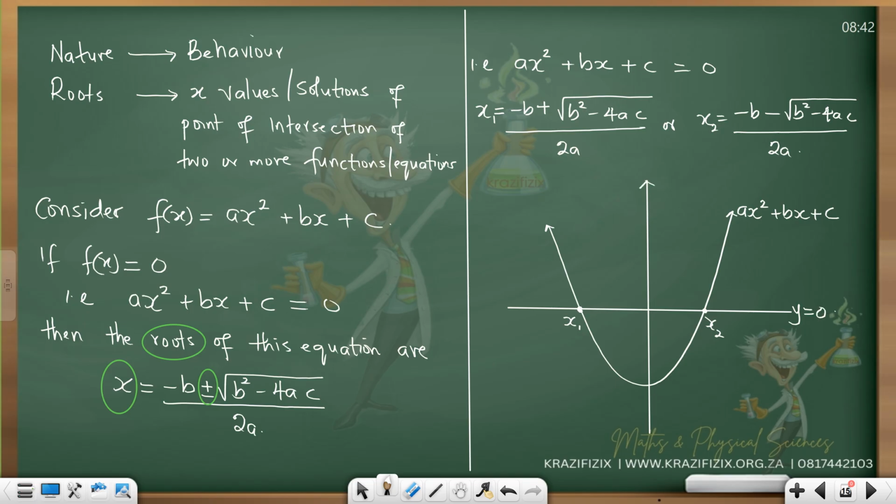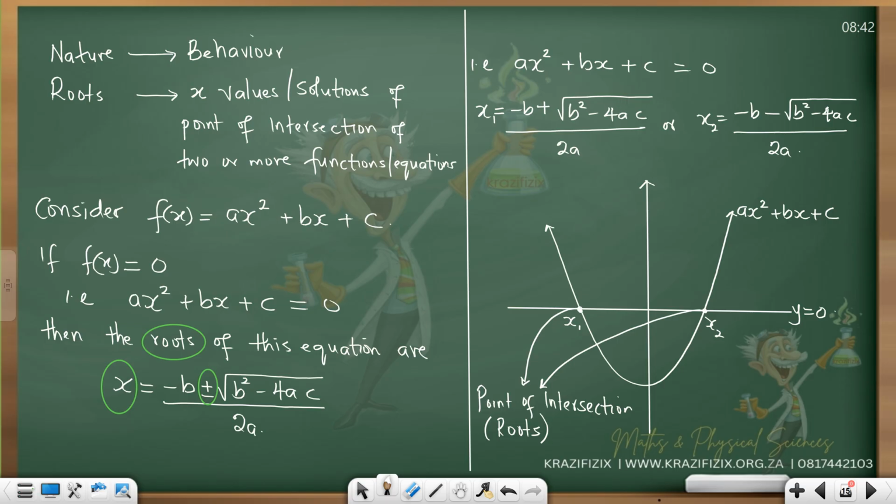This is why we said these are points of intersection. And these are called what? Roots. Because they are the x values of the point of intersection of two graphs.